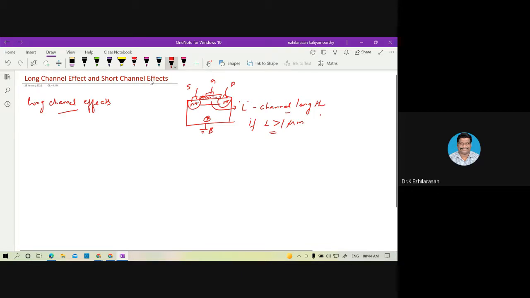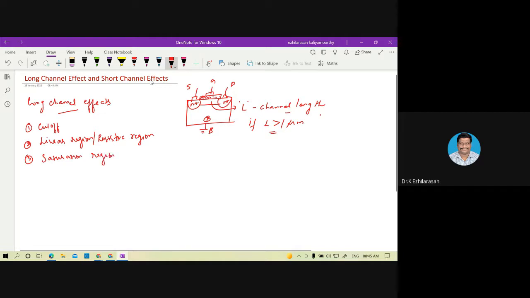What are the regions? The first one is the cutoff region. The second one is the linear region, or I can say the resistive region. Then the third one is the saturation region.